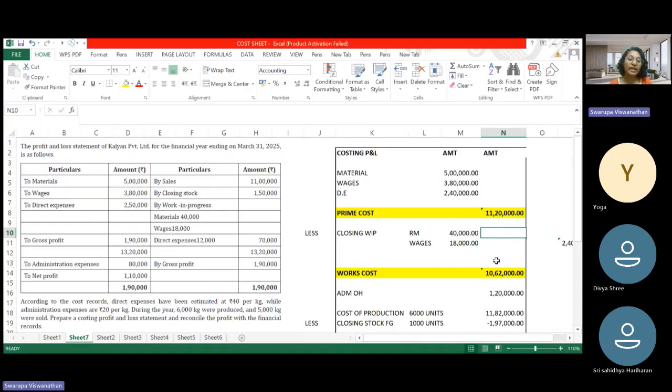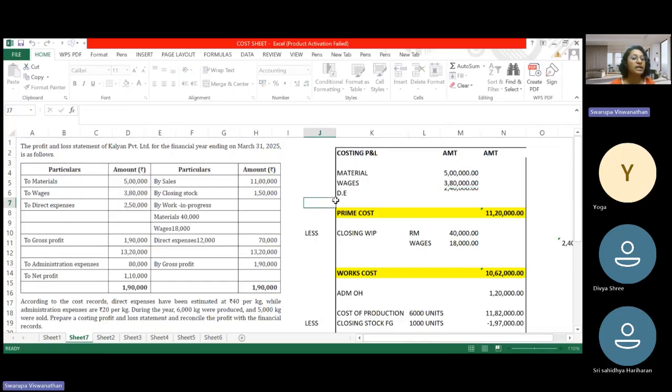Okay. Now, why are we not adjusting direct expenses? They have mentioned in the question that the direct expenses are estimated at 40 per kg. So as per costing records, what will be our direct expenses? 40 into 6,000 kgs that is manufactured. 40 into 6,000, 2,40,000.